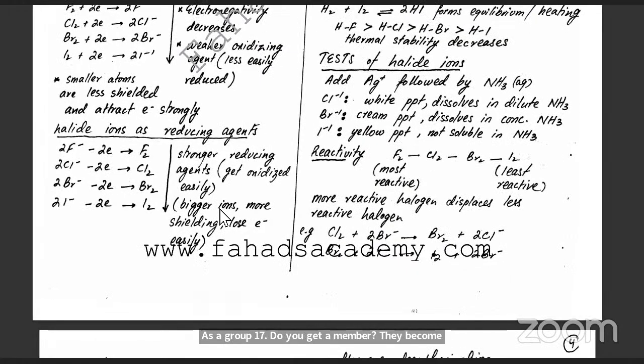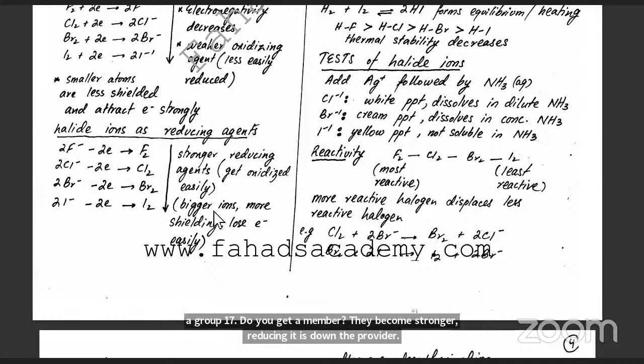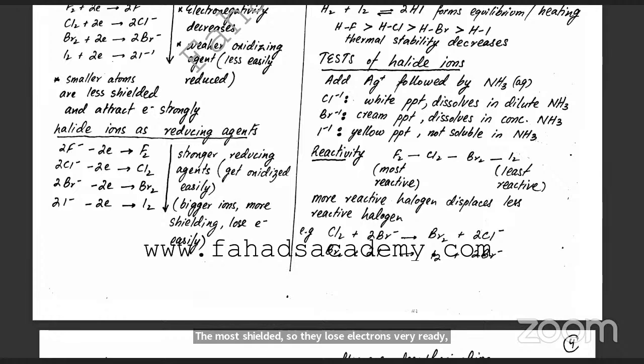Why do they become stronger reducing agents? Because bigger ions lose electrons easily. They're more shielded. So they lose electrons very, very easily and they become better reducing agents down the group.